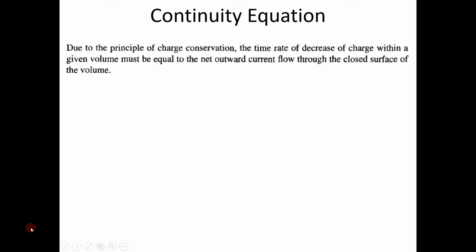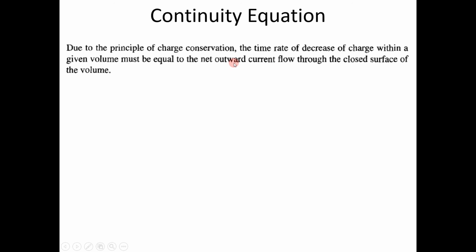Next is the continuity equation. According to the principle of charge conservation, the time rate of decrease of charge within a given volume must be equal to the net outward current flow through the closed surface of the volume.